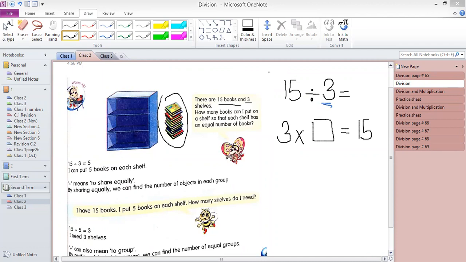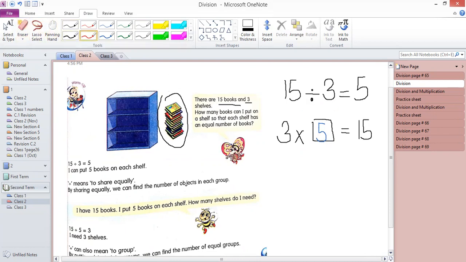3 by 5 equals 15. Again, I'll check the table. 3 by 1, 3. 3 by 2, 6. 3 by 3, 9. 3 by 4, 12. And 3 by 5 equals 15. 3 by what? 5 equals 15. That means 15 divided by 3 is equal to 5. So the answer is 5.